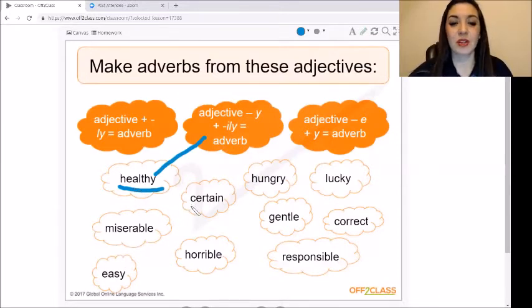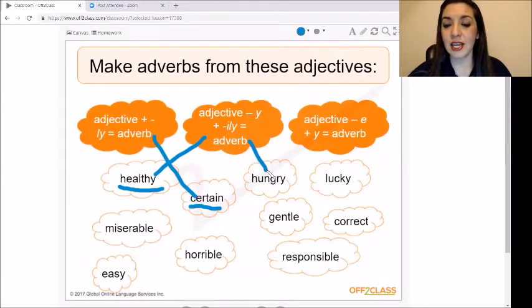Certain. This is a regular one, so you just add LY. Certainly. Hungry. Again, just like healthy. Hungrily. I hungrily ate my burger.